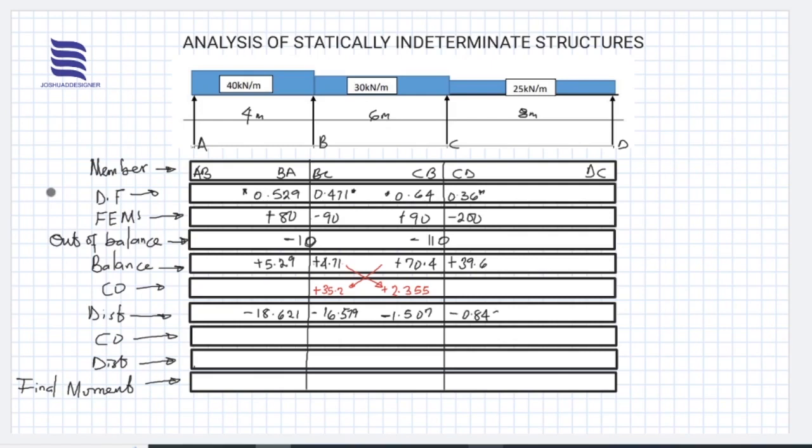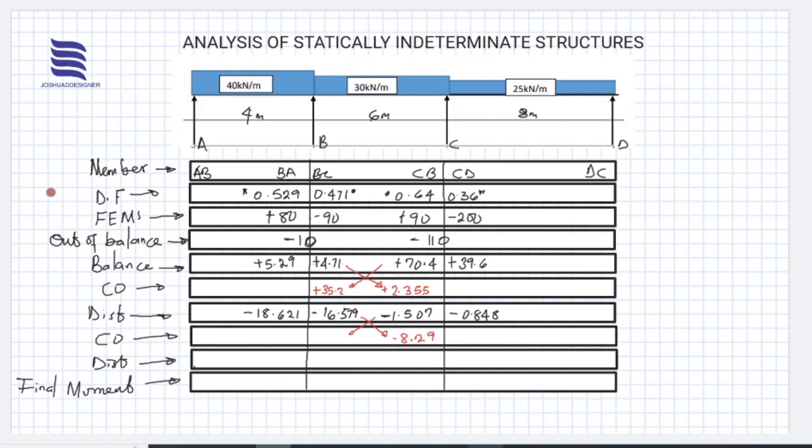For the carryover factor, just the same way that I've told you now, is to just divide what you have here by 2, then carry over to the other support. You do the same for the other value, then you're gone. Now for this also we have a value of minus 8.29.